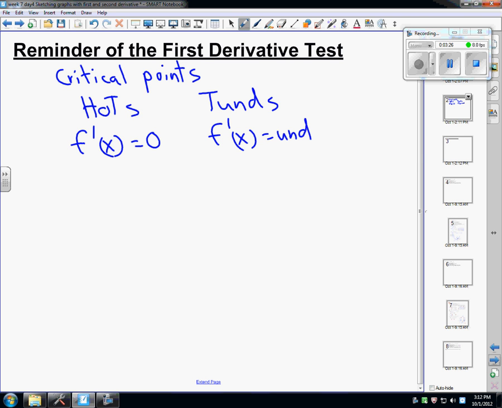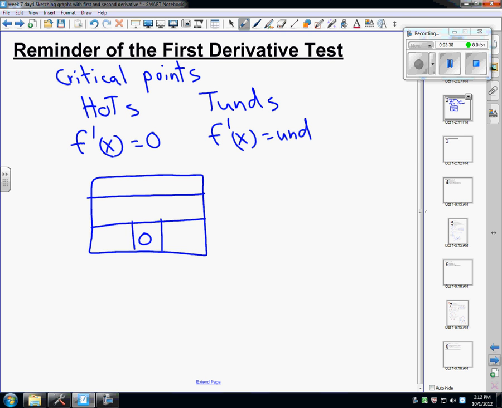And as long as you have one of those, we've been setting up boxes. And on my third row here, if this is my 0, if I have a negative and a plus, I just know that that went down, flat, up.